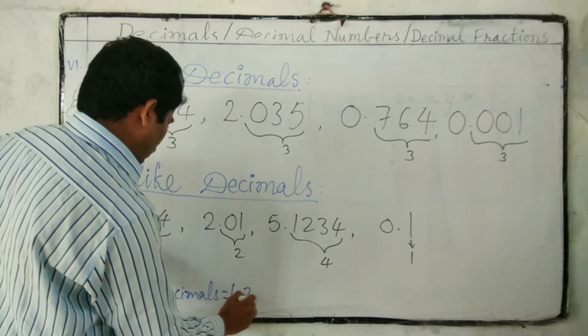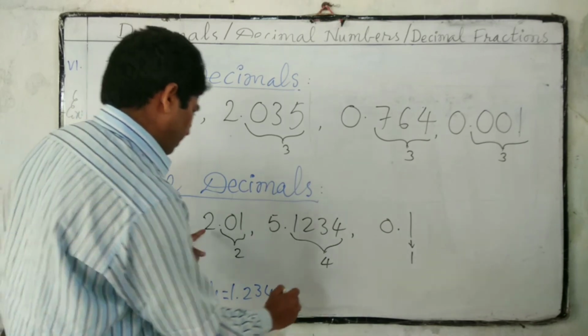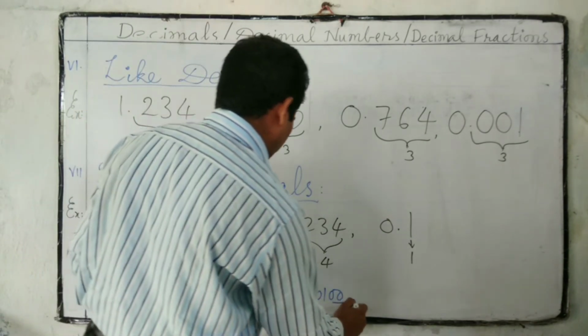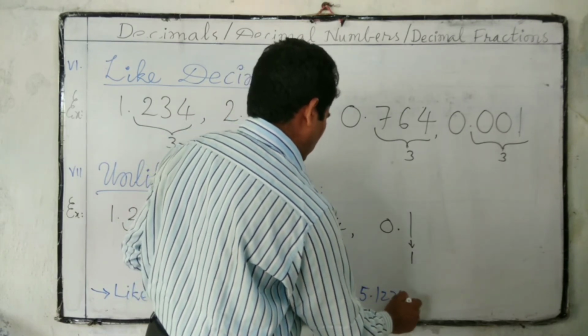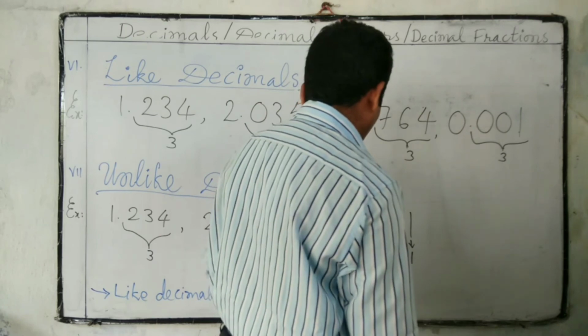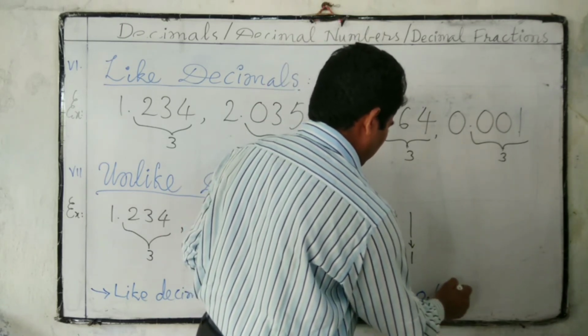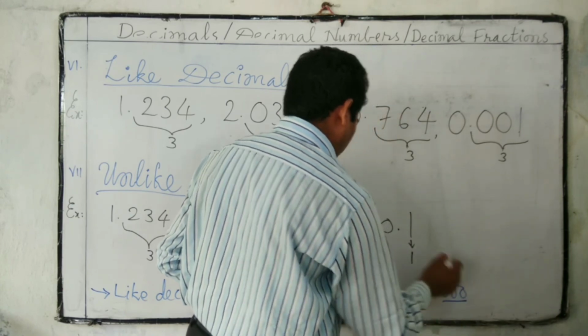1.234, we have to keep 1 zero. 2.01, 2 zeros needed. Here 5.1234, no need of adding any zeros. 0.1, here 3 needed.